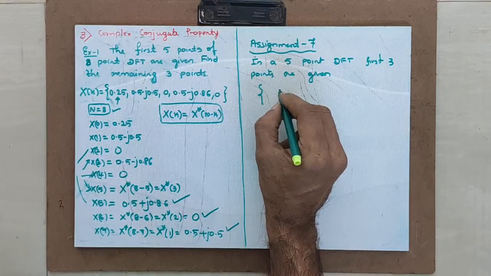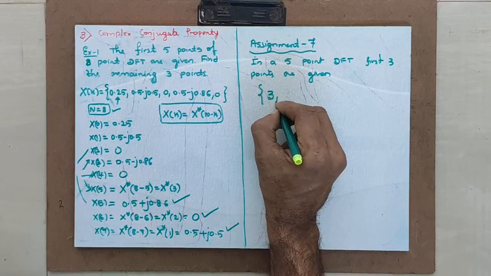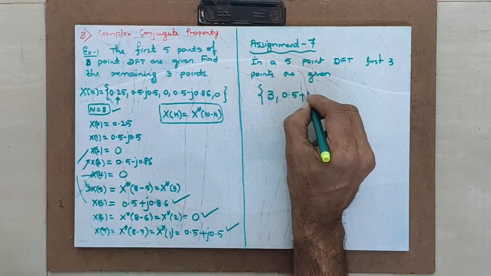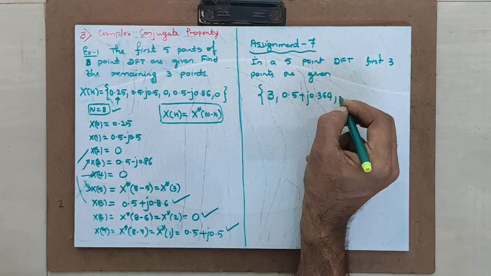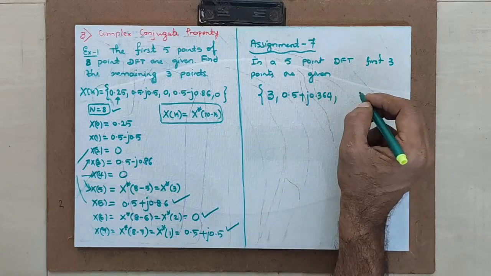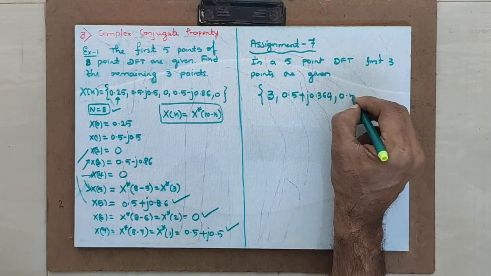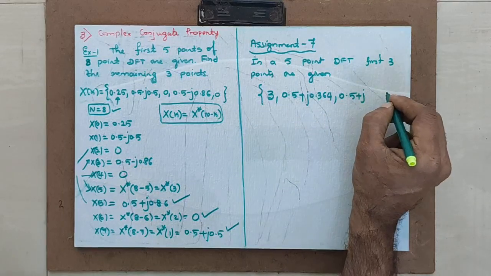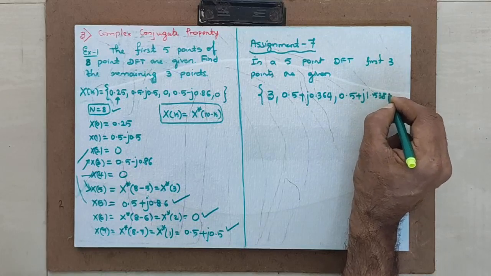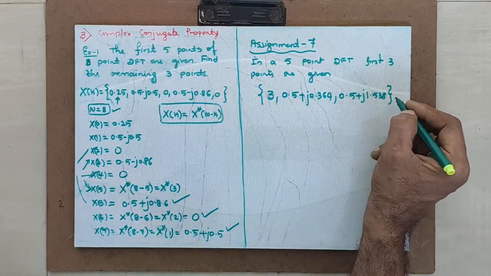They are like this: 3.5 plus j 0.364, and then 0.5 plus j 1.538.